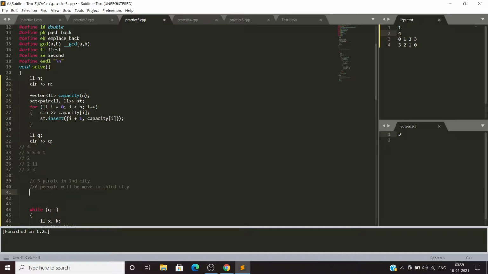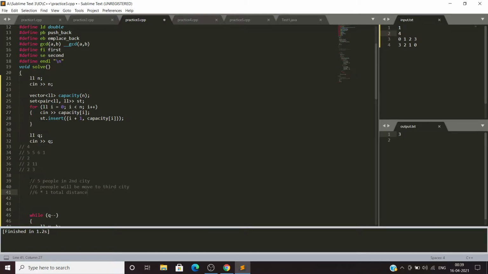Third city. Now the capacity of the third city is 6, so it is satisfied, and the total distance traveled is: 6 people have traveled a distance of 1, so 6 multiplied by 1 is the total distance.